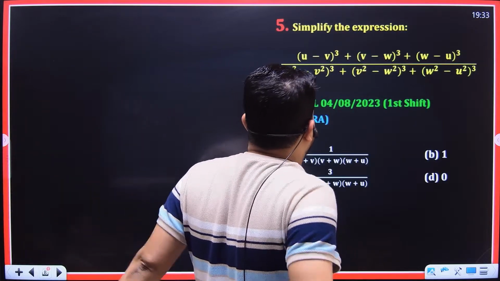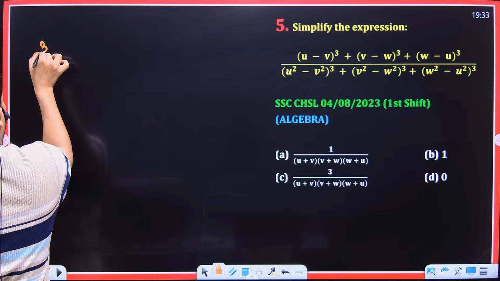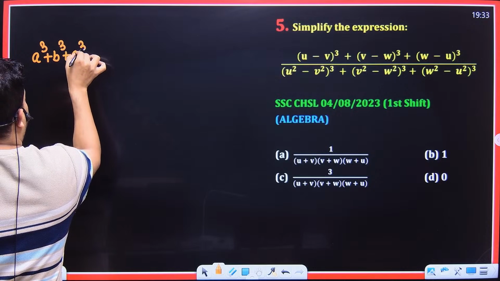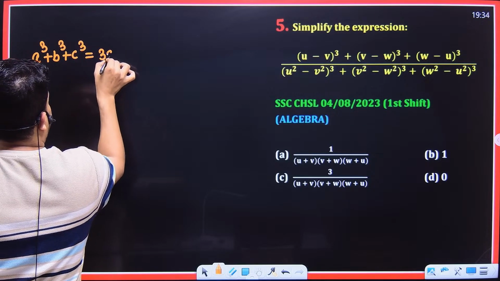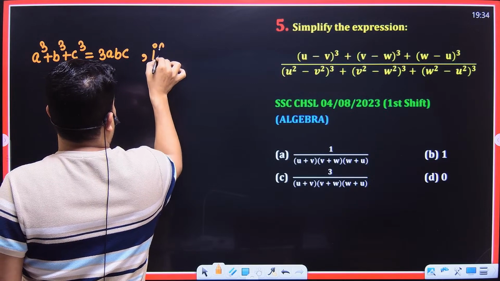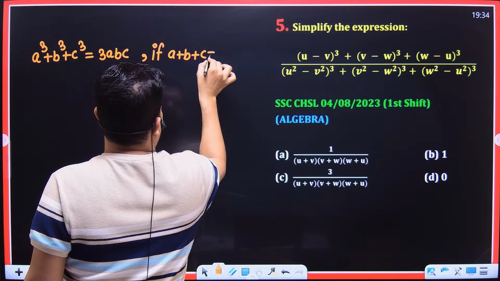Question number 5. Simplify the expression. See, we have a formula in algebra that a cube plus b cube plus c cube is equal to thrice of abc, if a plus b plus c is equal to 0.